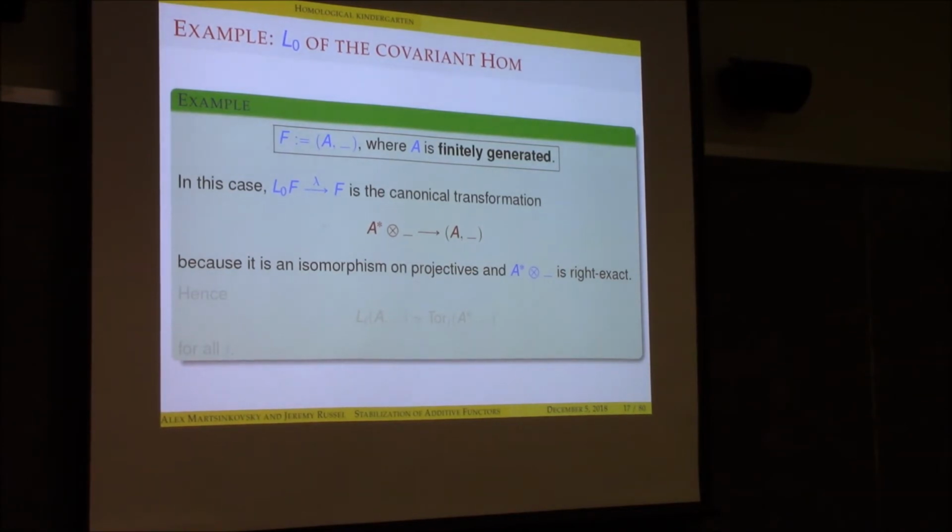So what do we have here? We have a right exact functor and a transformation which is an isomorphism on projectives. That's it. We know what that is. It's L naught, right? The universal property. And if you know L naught, then you know all other L_i. L naught is the tensor product, A star tensor blank, and the left derived functors of the tensor product are Tor.